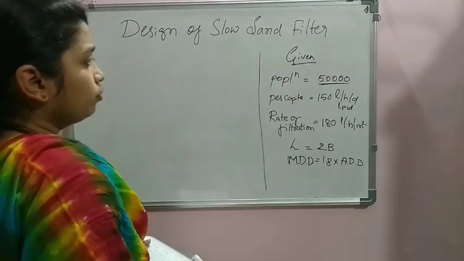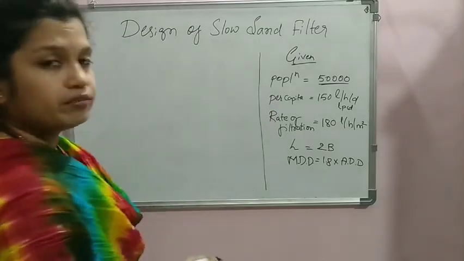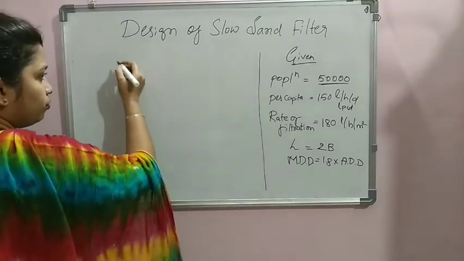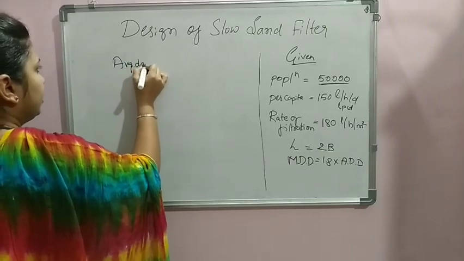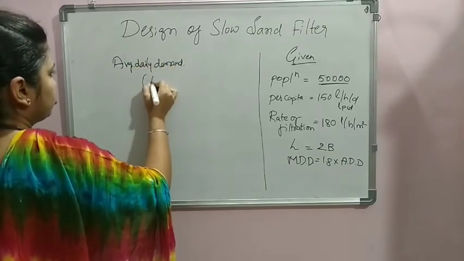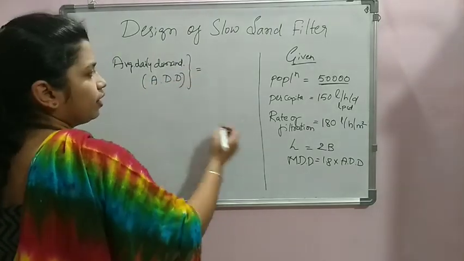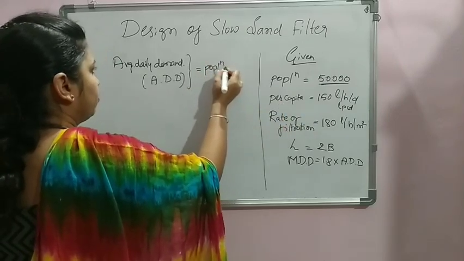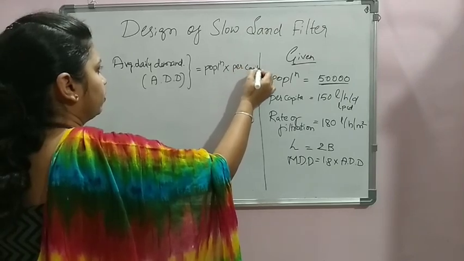Now after having the population and also the per capita demand, we can easily calculate the average daily demand. So let us find out first the average daily demand, or we also call it as ADD. This can be calculated if we have population and also the per capita demand. Just multiply the population and the per capita demand.